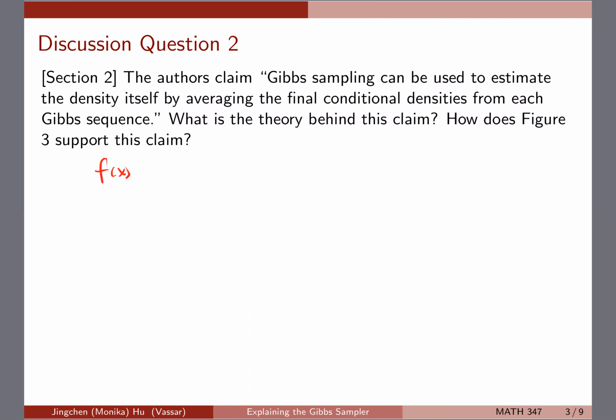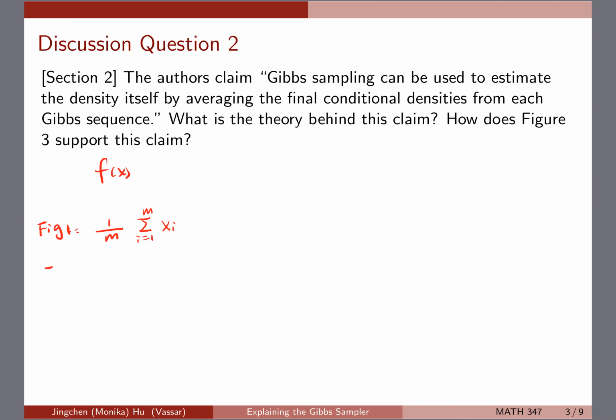In figure 1, what they're doing is you can get, for example, the mean of fx to be 1 over m times the sum of all of the xi that you get. These are the actual draws, so there are m draws in total, and I'm just taking the average. That's what figure 1 is doing, and that's directly using the marginal, right?